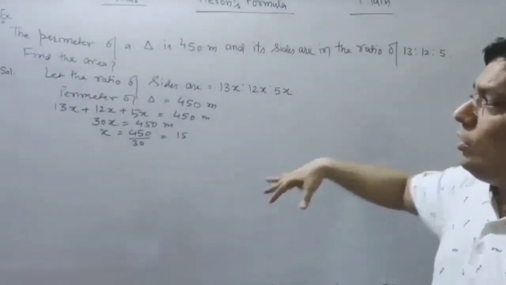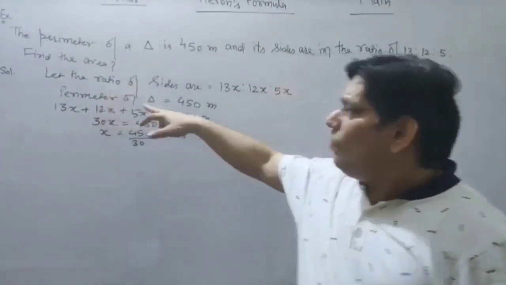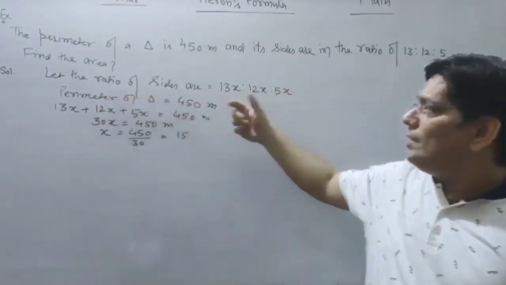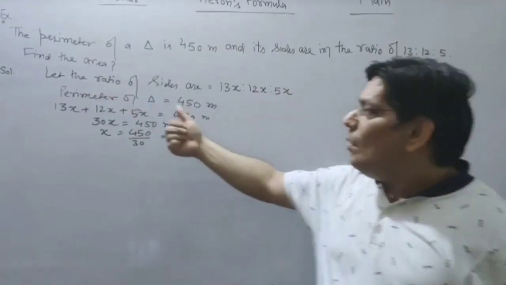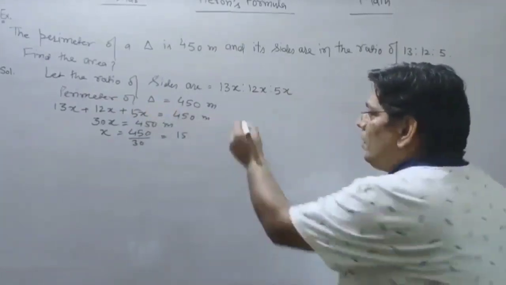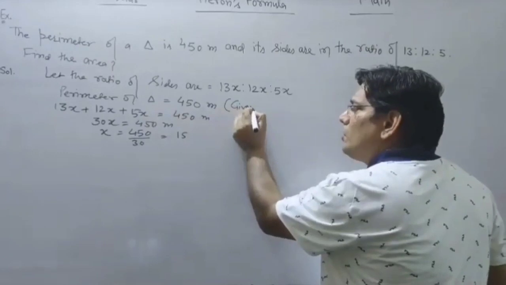So in that situation, first of all we consider the ratio of sides of the triangle to be 13x, 12x and 5x, and the perimeter of the triangle 450. This is the information you already have.